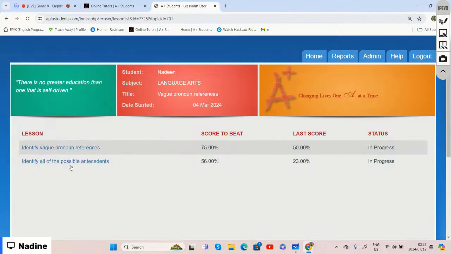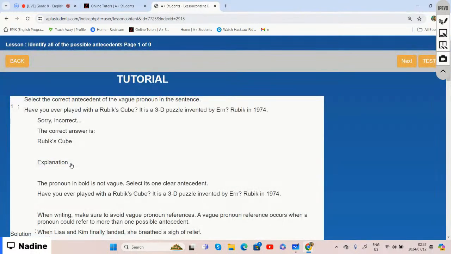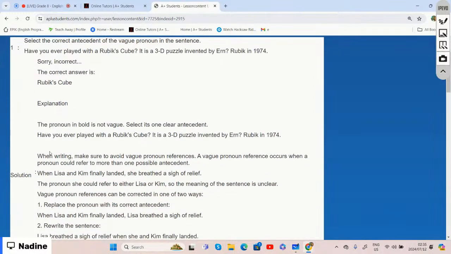The next sentence is we're going to identify all the possible antecedents. Remember the possible antecedents, right? It's like giving someone's name, right? It's telling us who or what our pronoun is usually referring to.